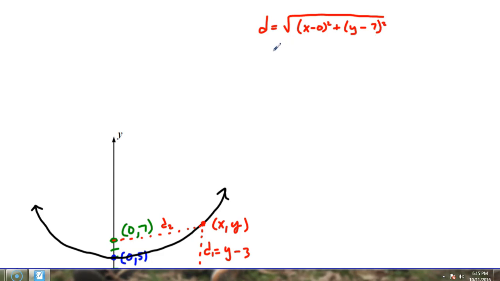I'm going to set that equal to my d1, so y minus 3 is equal to that expression.